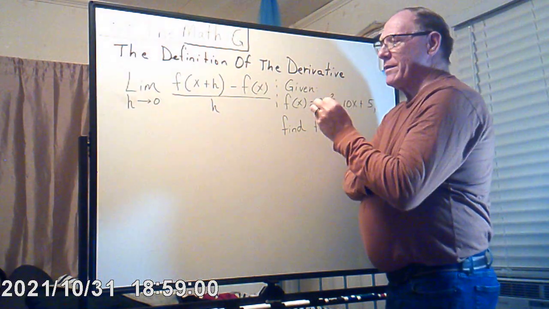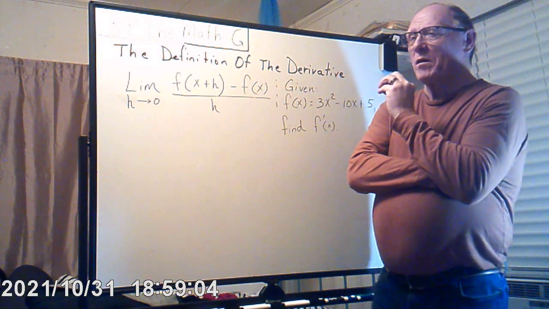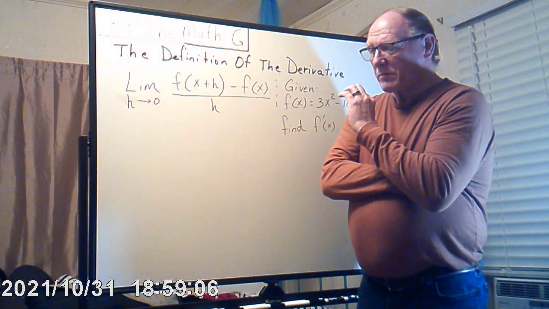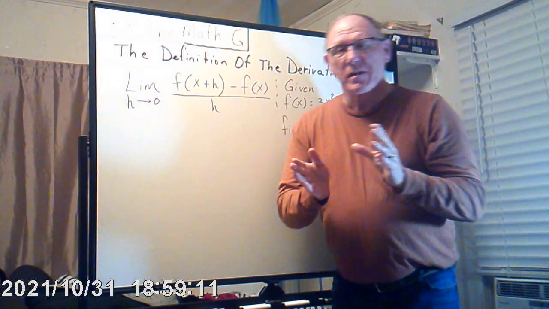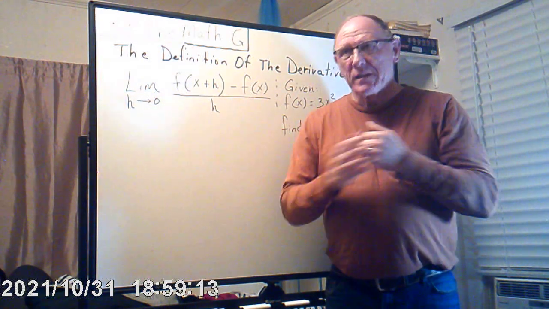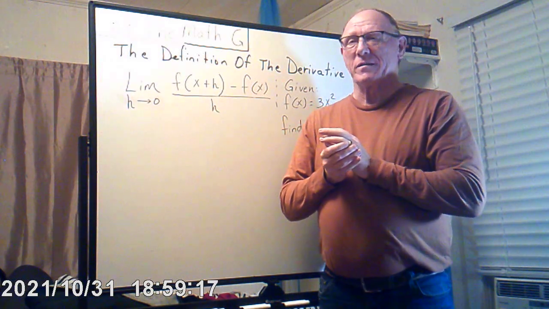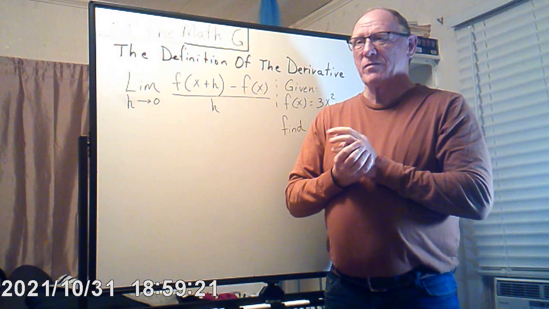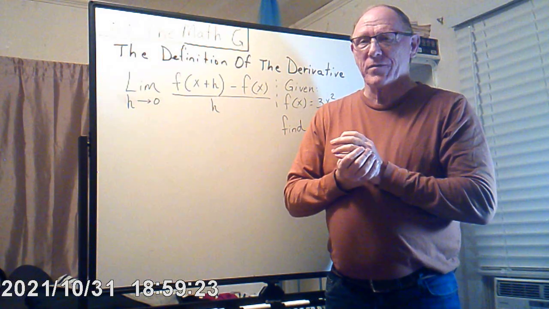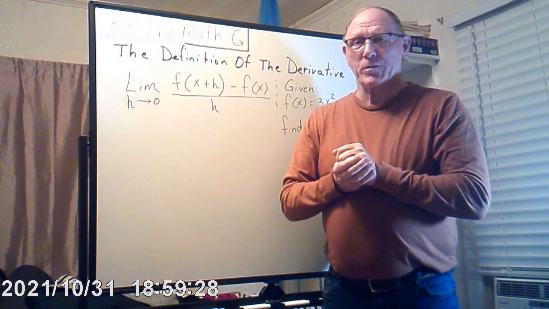Keep in mind, everyone, that when you are finding the derivative of anything, you're looking for a rate of change: feet per second, miles per hour, and so on. And then if you took a second derivative of feet per second, you would get feet per second squared.